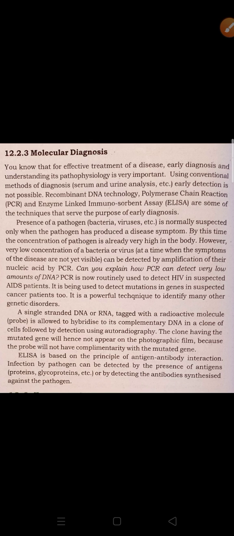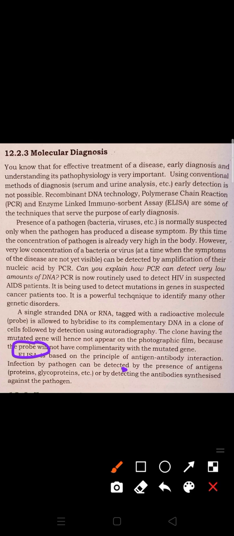So children, the principle of ELISA is antigen antibody interaction. Infection by a pathogen can be detected by the presence of antigens and or by detecting the antibodies synthesized against the pathogen. Clear?